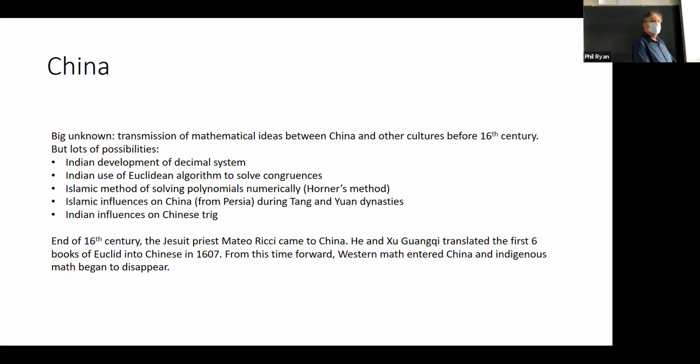And that marks the beginning of the end for indigenous Chinese mathematics. Chinese mathematics was then globalized and became part of the world of mathematics.